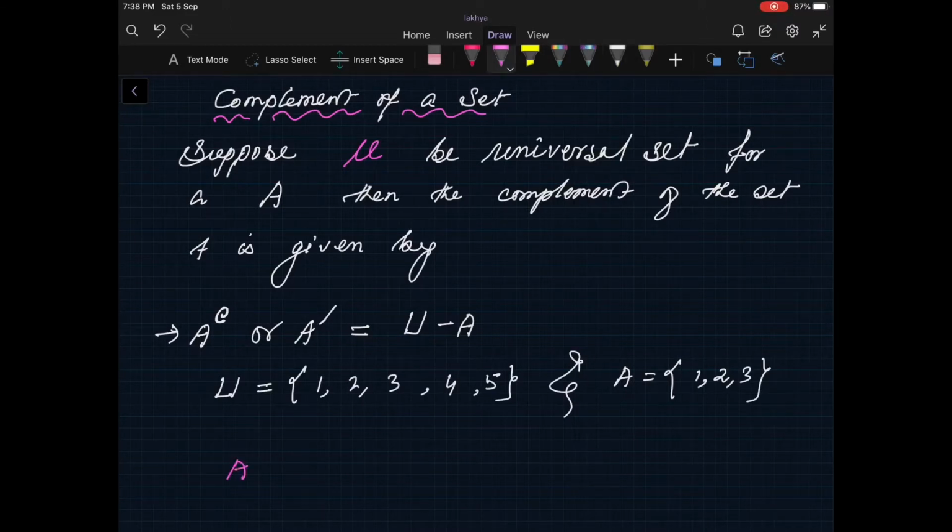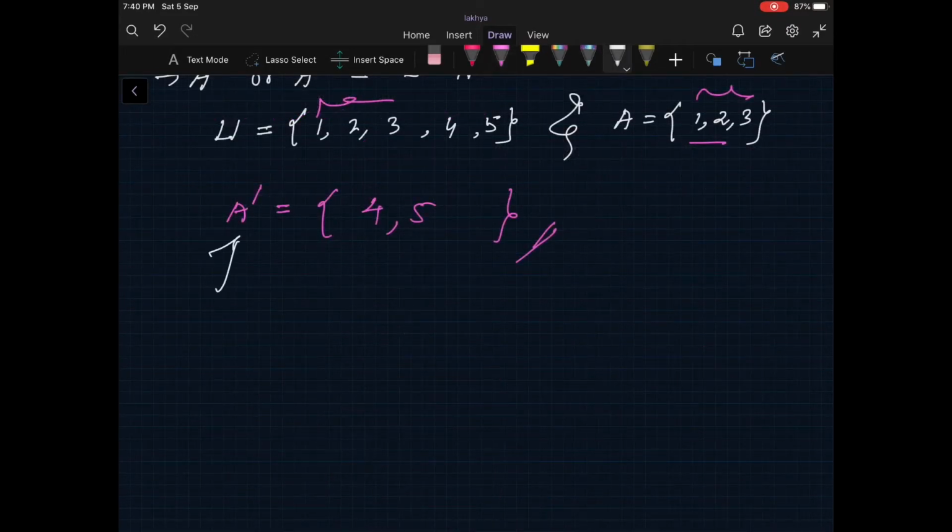Then complement of set A is given by U minus A. How to find it? What are the elements in set A? 1, 2 and 3. Those should be eliminated from the universal set. So what are the remaining elements? 4 and 5. So that's how we can find A complement.